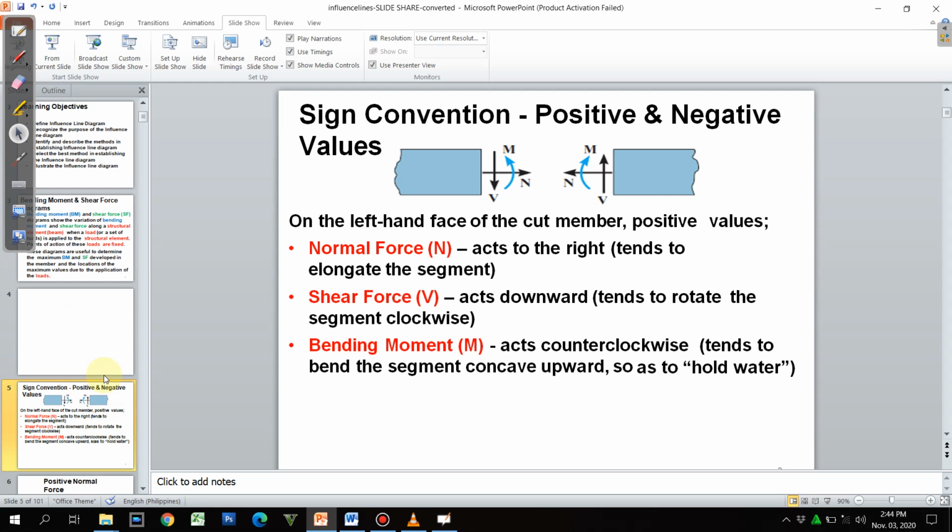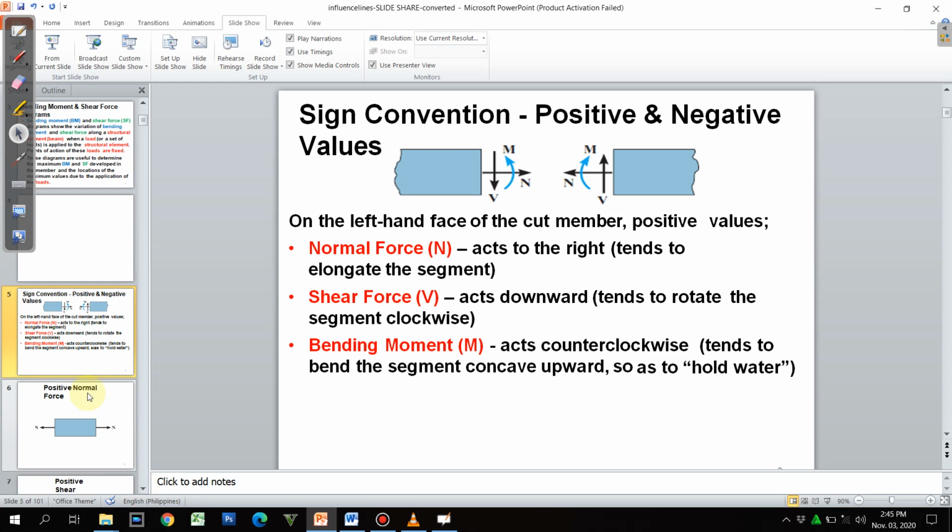And then for the shear force, we follow the sign convention wherein an upward force is positive and a downward force is negative. For the bending moment, we do not rely on the direction of the rotation, but rather we consider the fiber: if it is concaving upwards, that is positive, and concaving downwards, that is negative.